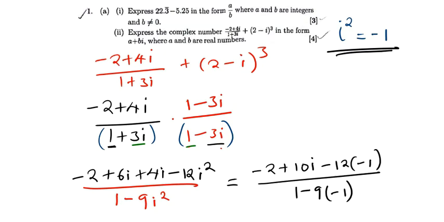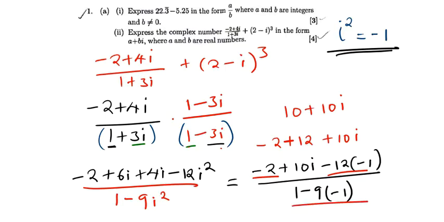So here we've got negative 2. Negative 12 multiplied by negative 1 is going to be positive 12. So we have negative 2 plus 12 plus 10i. So that gives us 10 plus 10i, right? And then on the denominator part, negative 9 times negative 1 is a positive 9 plus a 1, 10.